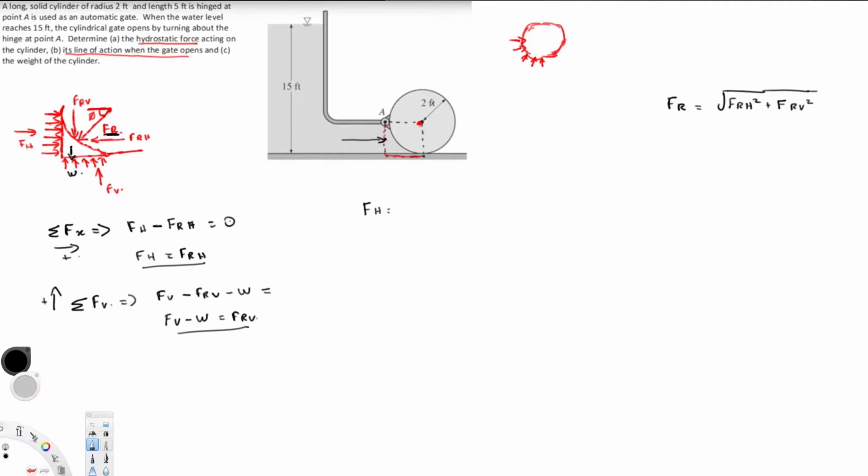We know this is 2 feet because the radius of the circle is 2 feet. So this length is 2 feet too, and the centroid is going to be 1 foot because it's exactly in the middle. And from the top, if you take this as the reference point, from here to here it's 14 feet.